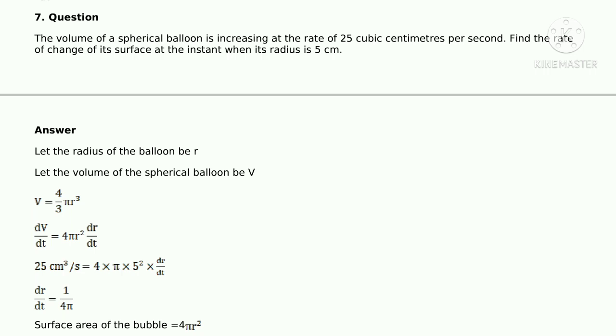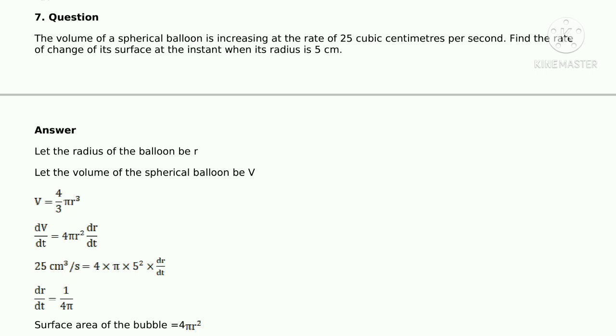So here r square, we write 3 r square, and 3 cancels, so that's why we get 4 pi r square dr/dt. Now the dv/dt value is already given, 25, so we put 25 equals 4 pi. And the radius is how much? Radius is given 5, so if we put radius 5 and the dv/dt value 25, easily we can find out the rate of change of its surface area.